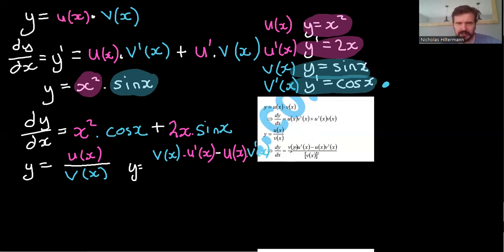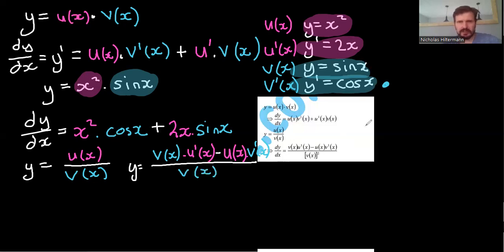Okay, you can see that. But you can see it over here anyway. Here's the formula. Okay, so over the bottom squared. So with these, it's simply about plugging in to the formula.